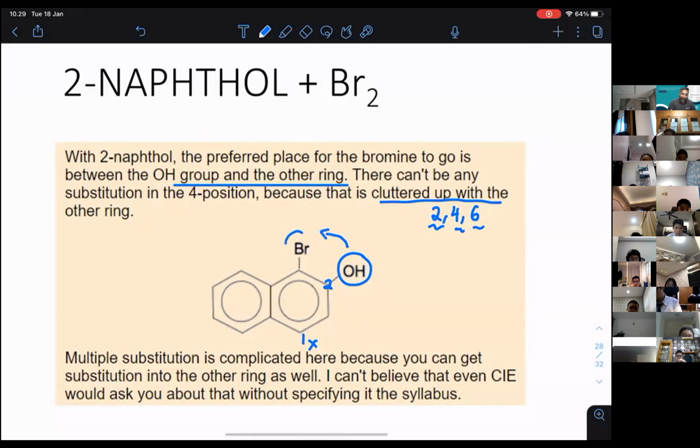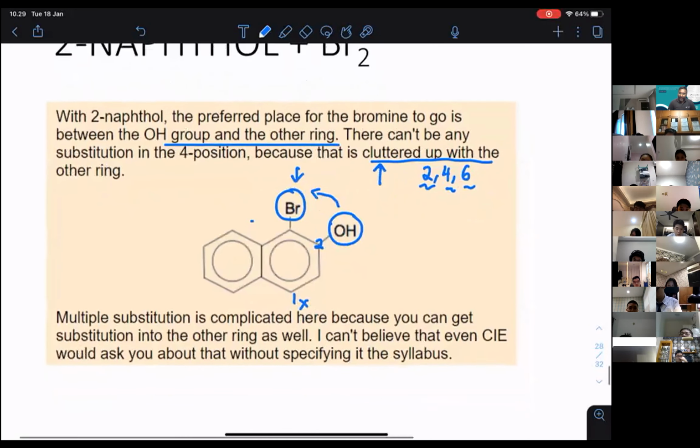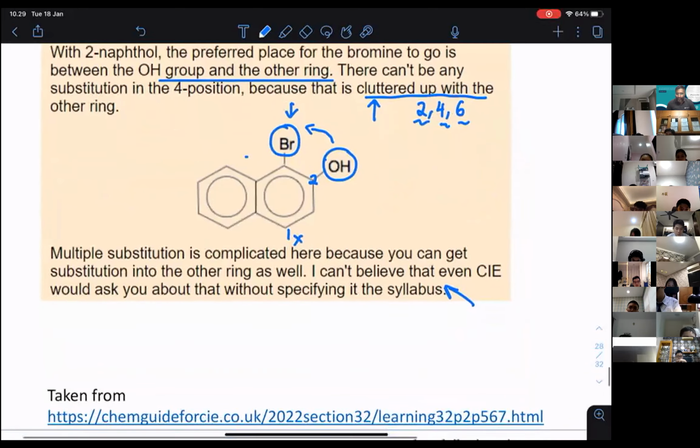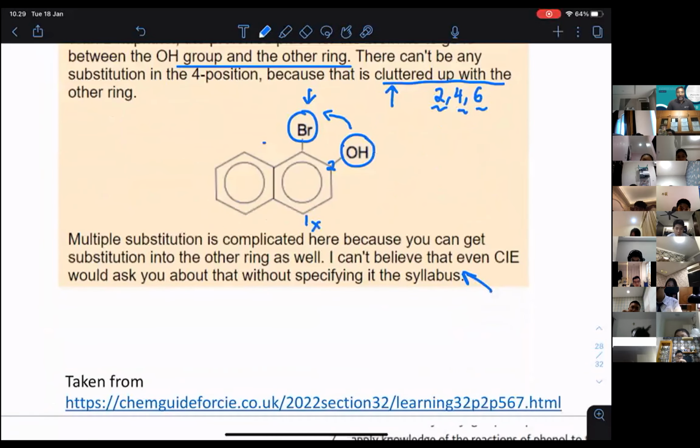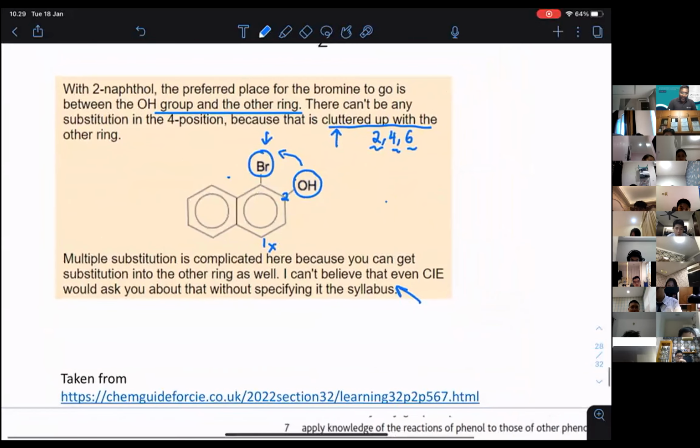I think we just follow the one mentioned by the Chem Guide. So the bromine goes between the OH group and the other ring, because of something they call cluttering. This is mentioned by the author of the Chem Guide, and it is still new, so I'll just put it over here.